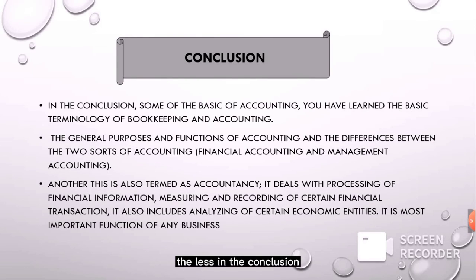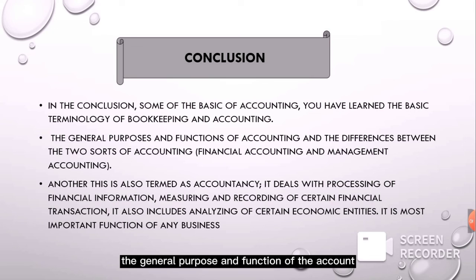Lastly, in the conclusion, some of the basic accounting: you have to learn the basic terminology of bookkeeping and accounting, the general purpose and function of the account, and the difference between the two sorts of accounting, like financial accounting and management accounting.